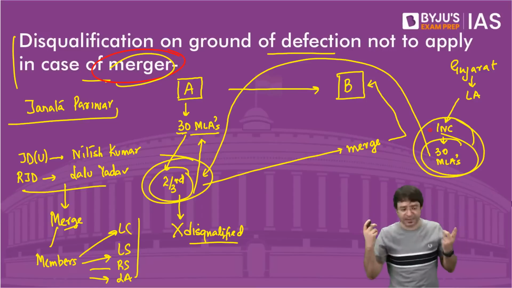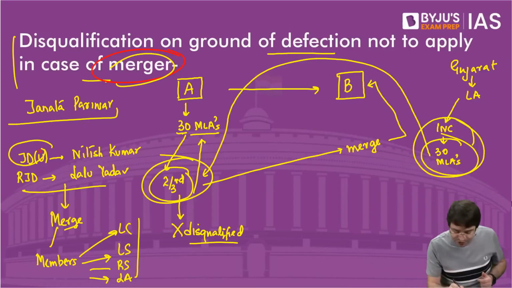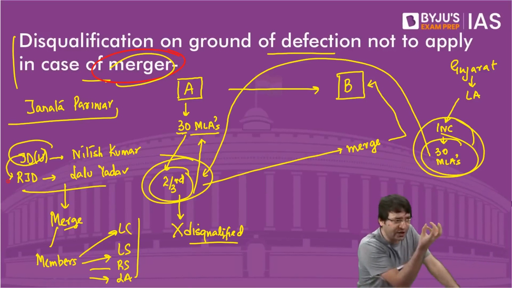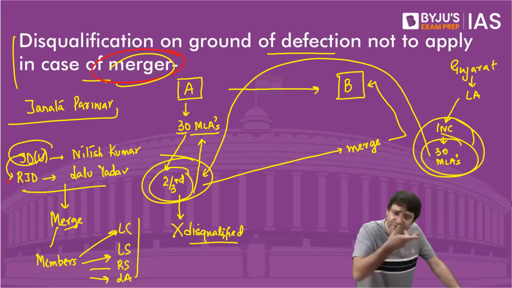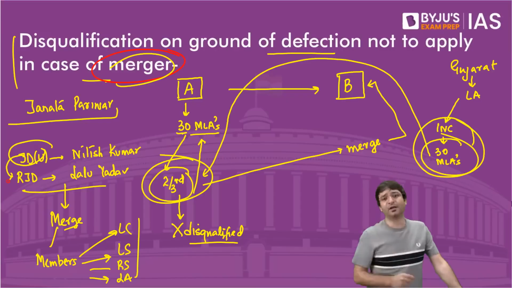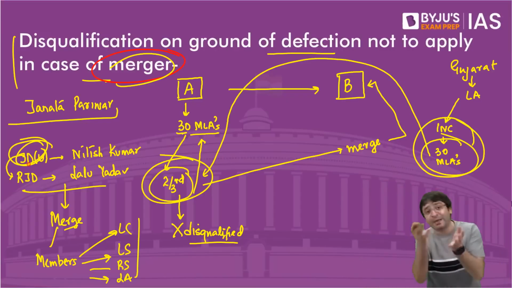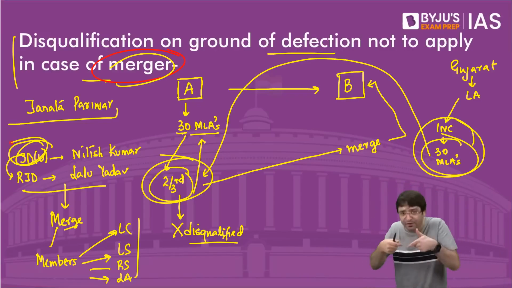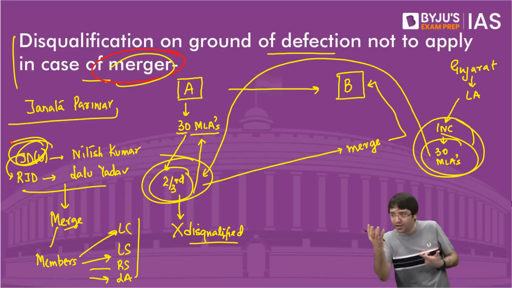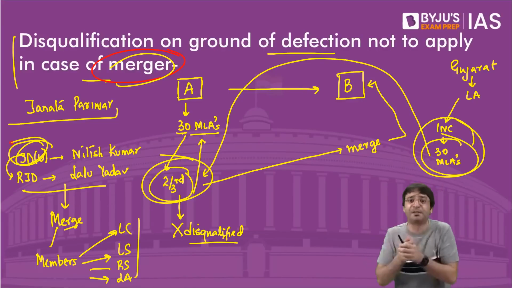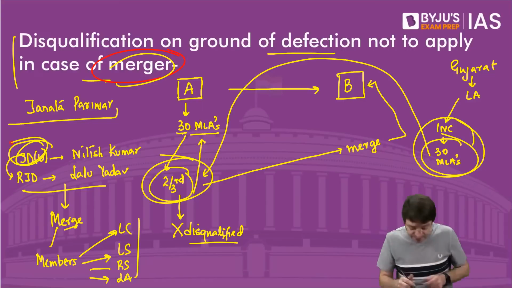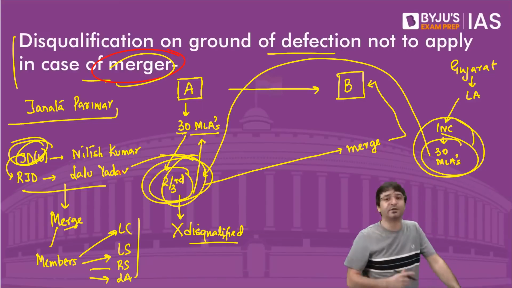Let's suppose for a while that JDU merges with RJD, so that JDU as a political entity does not exist. Now the only entity which exists is the RJD. What will happen to JDU MLAs, MPs? Because now they will be part of the RJD, because JDU as a political entity does not exist. What will happen to their MLAs, to their MPs? They will not be disqualified if two-thirds of them agree to this merger.